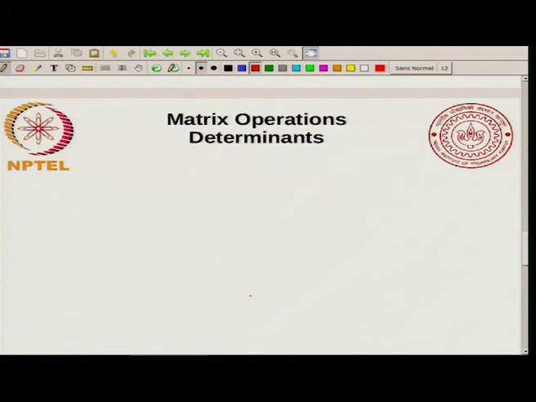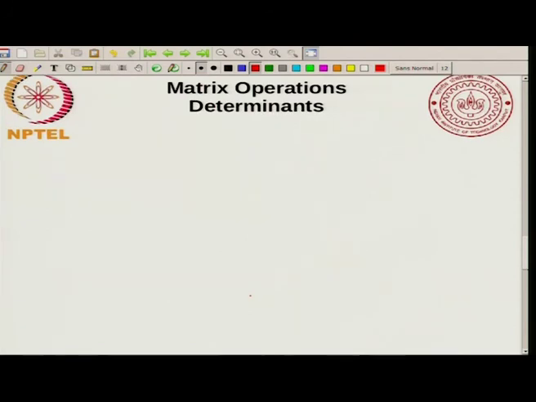There are some other useful operations or objects that are defined in relation to a matrix, and this is the determinant. Determinants are only defined for square matrices.